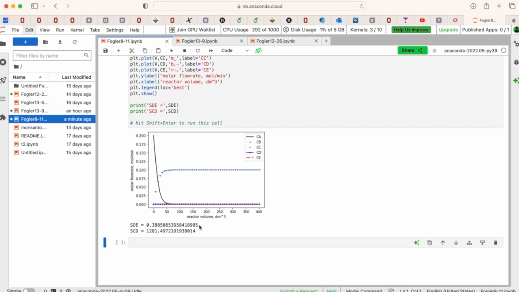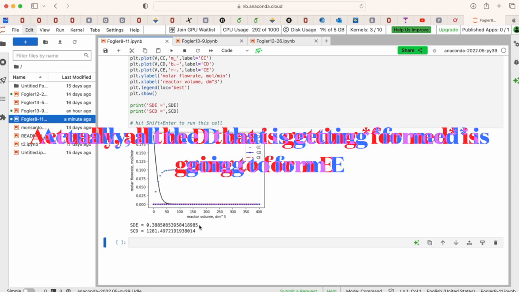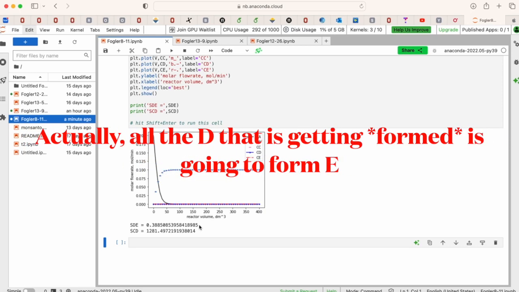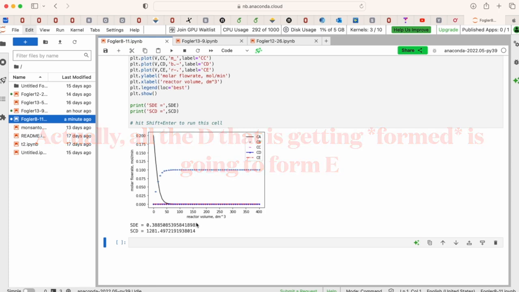If I look at my selectivities, I'm actually forming more E than D, so all of the D that's getting reacted is going to form E. And if I look at my formation of C to D, I'm getting a lot more C than D. So my C is forming, I'm not getting a lot of D, and that's probably because D is reacting as soon as it's forming.